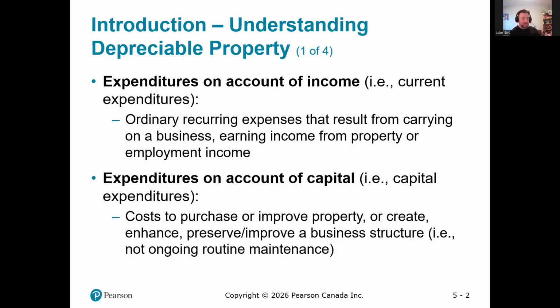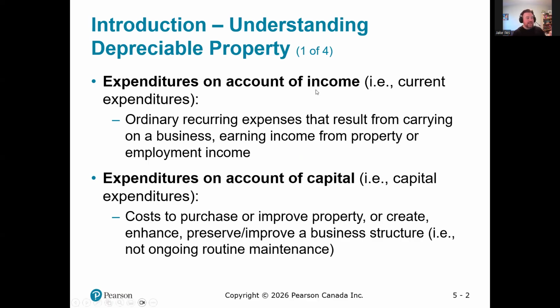because this has been used up. Expenditures on account of capital usually relate to purchase or improvement of property to improve a business structure. There's no ongoing routine maintenance. What this means is that these are expenditures on items that are long lasting. They're meant to improve property that's going to be around a while.